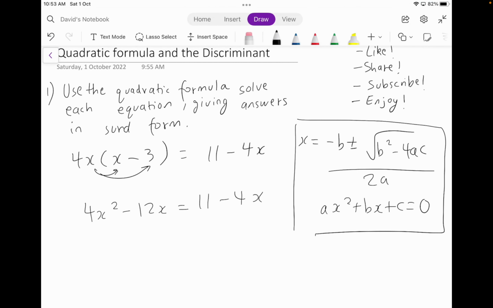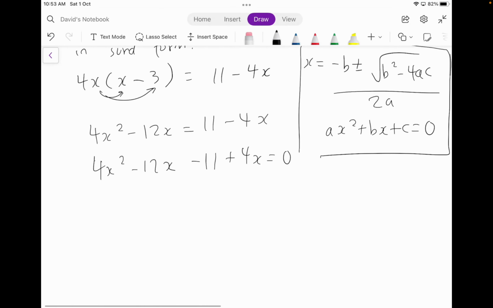So I get 4x squared minus 12x minus 11 plus 4x is equivalent to 0. So you have 4x squared minus 12x plus 4x minus 11 is equivalent to 0.